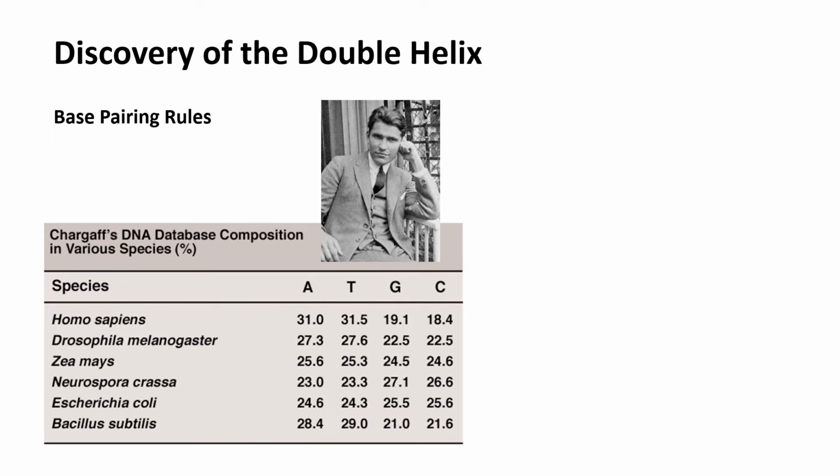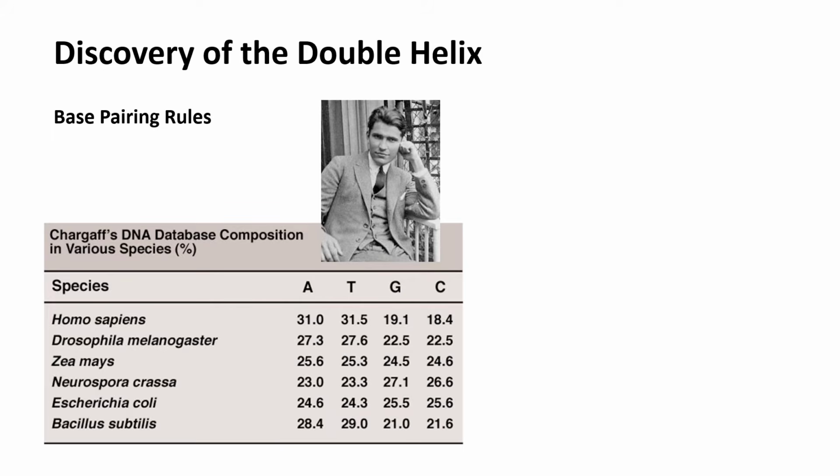One of the paramount discoveries and research points was done by this gentleman here, Chargaff. He did an interesting experiment where he analyzed the composition of the DNA, specifically the nitrogenous base composition in various species. And he found some very interesting patterns.